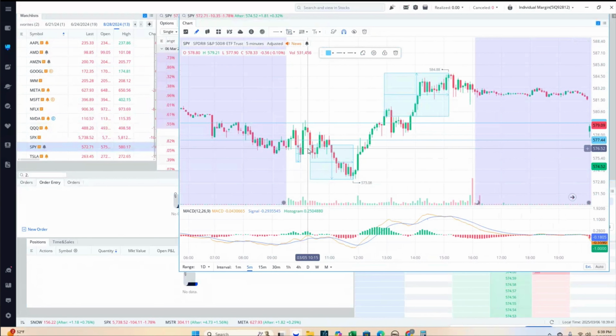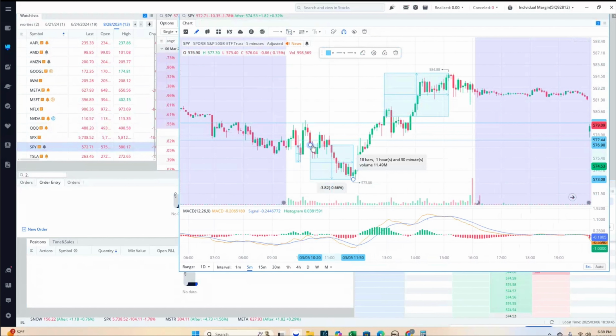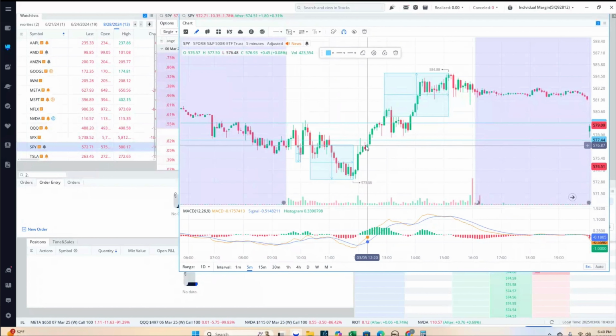Once it moves $2, I'm pretty much taking off positions. And even if it moves a dollar, if it's not quick, I may close some of my positions in order to get that profit into my account, and then I risk manage the rest.